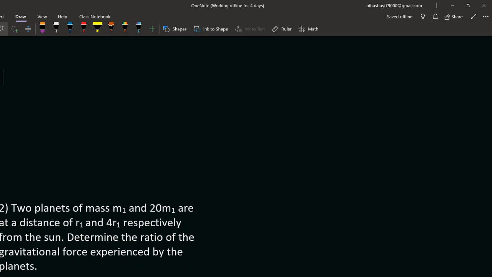Determine the ratio of the gravitational force experienced by the planets. Now, we are using the same formula, but here you are relating the two planets to their distance from the sun, working on them individually with the mass of the sun. So that means you have two planets you are dealing with.